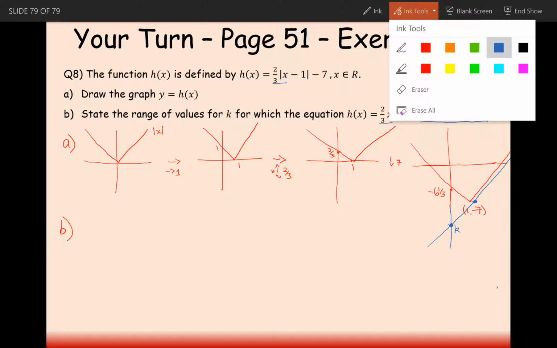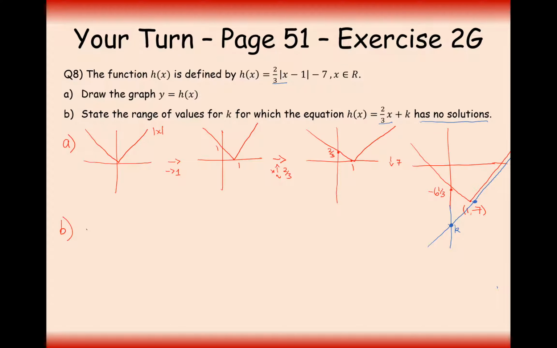Okay, so carrying on, what we're looking for now is the intersection of y equals 2/3 x plus k with 1, -7. We're looking for when this intersects it exactly, and then we can just have k be a tiny bit less than that, and that's a fine value for k.